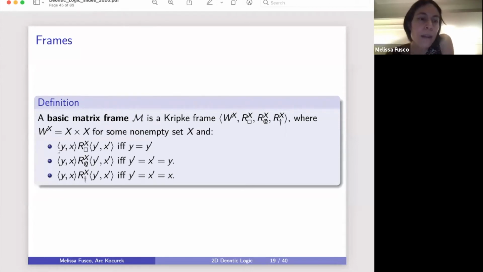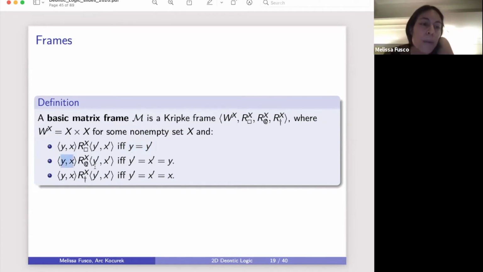And then these are what you would figure, right? The R square relation quantifies horizontally. So any yx point is R square related to a y' x' point just in case y' equals x', so as long as the y parameter doesn't change.